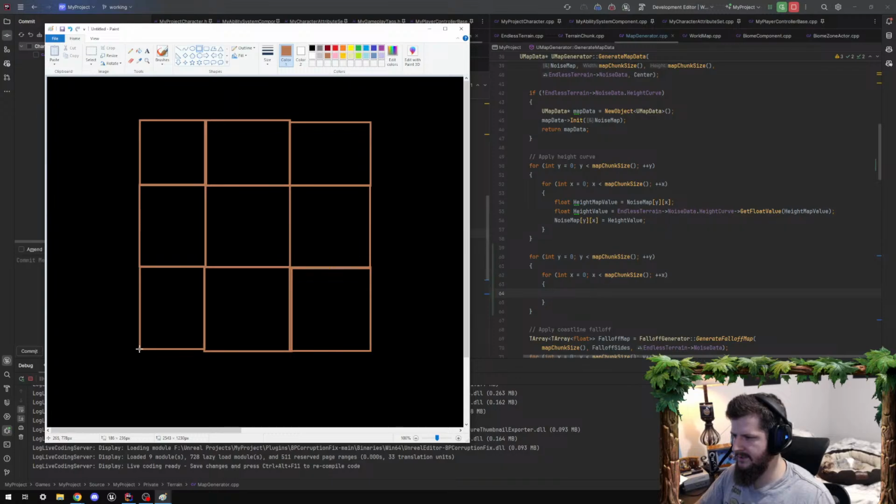Okay, here's my set of chunks. Okay, so I'm undoing that. That's the wrong color. Okay, now it's nice and pretty.